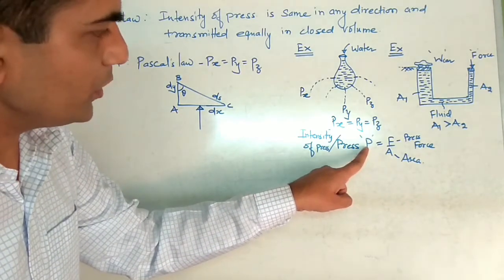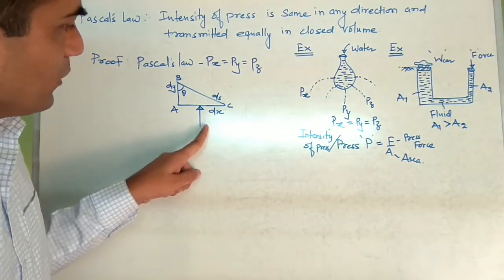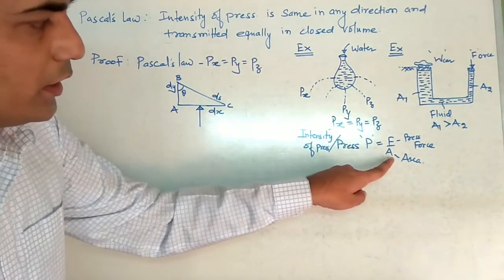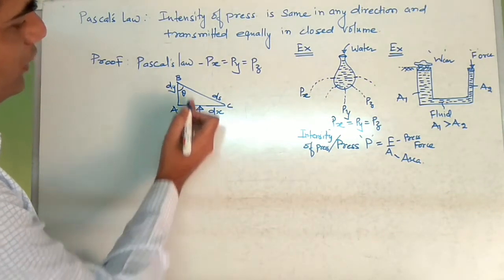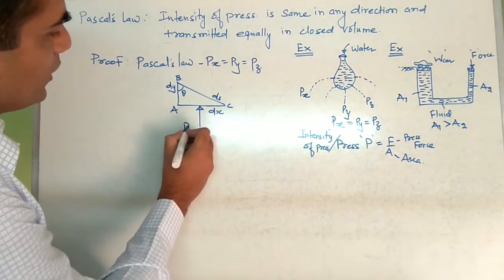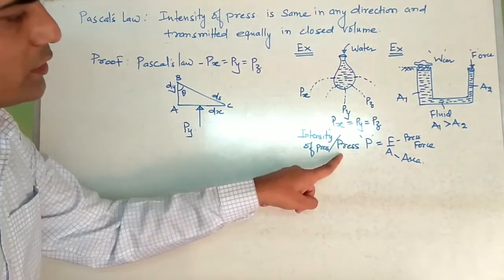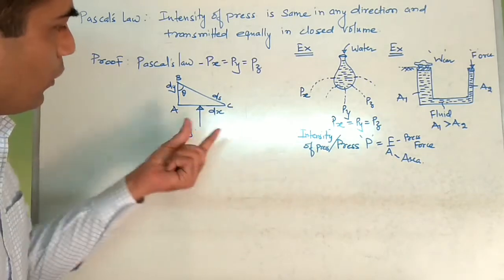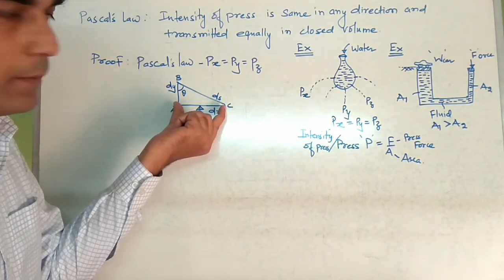So P multiplied by A gives the pressure force. The pressure intensity in the vertical direction we simply write as Py. Now this pressure intensity Py is acting on which area?